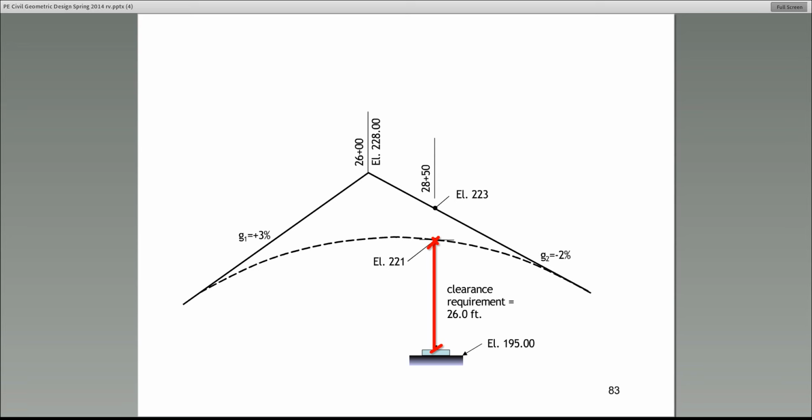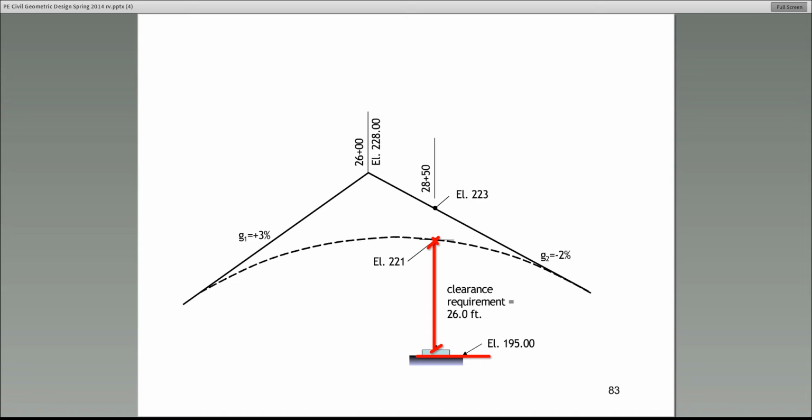Let's think about what we have, guys. What we know, Benjamin, what you say is correct, yes. The elevation down here is 195. Now, let's take a look at this step by step. The elevation at the railroad bed is 195.